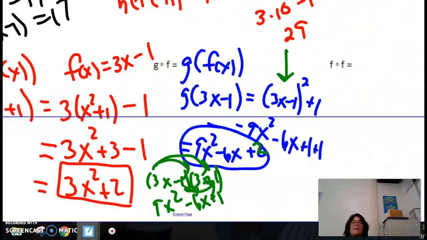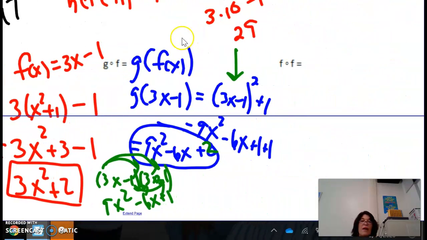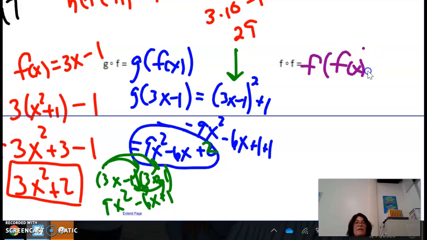And the last one is f of f. Ooh, we're taking a function of itself. F of f of x. So that's f of, what was the f function? 3x minus 1? Okay, so I'm taking f of, instead of f of x, I'm writing 3x minus 1.